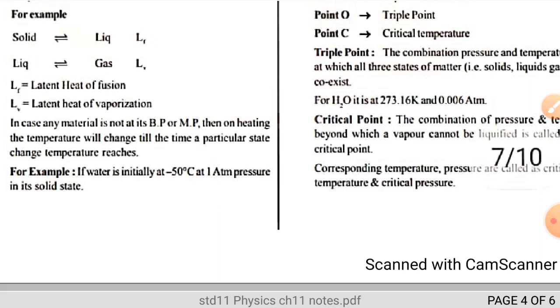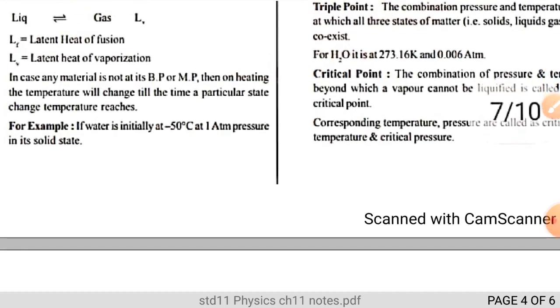But after all the ice is converted into liquid, if we raise the temperature of that liquid, what happens? That liquid temperature also rises, right?